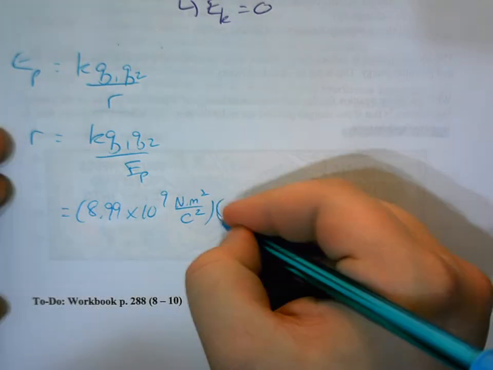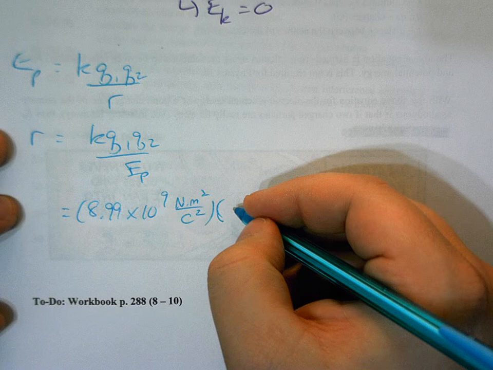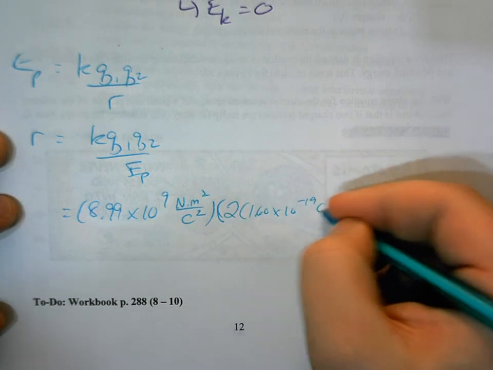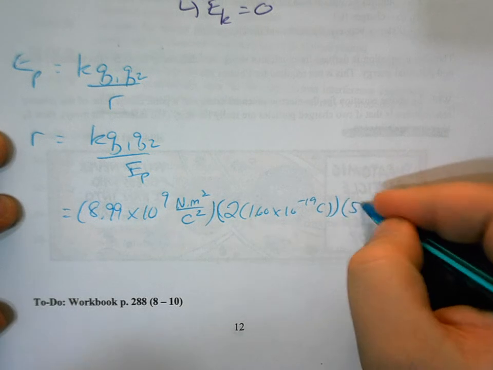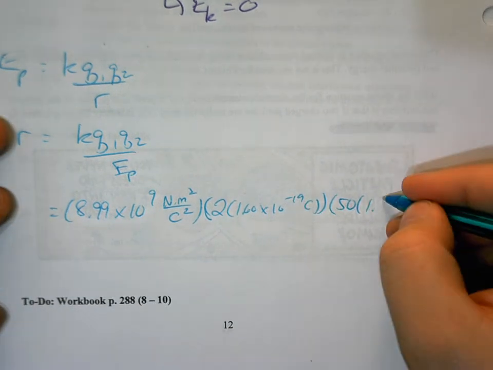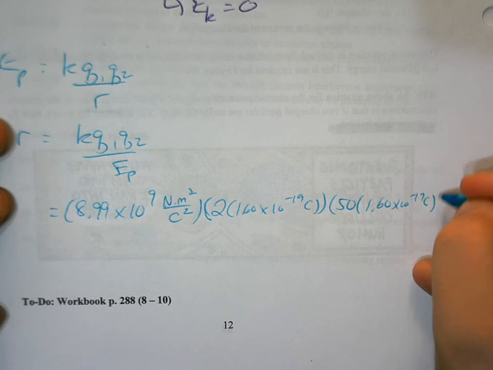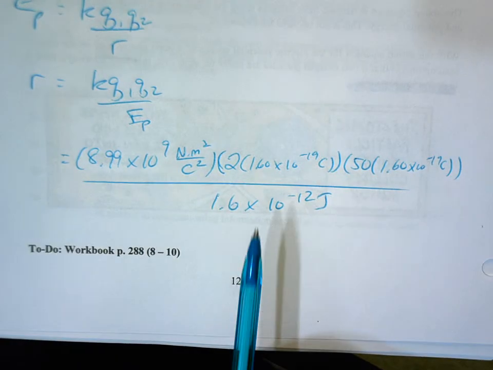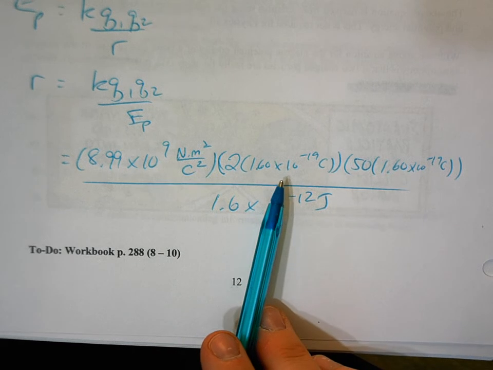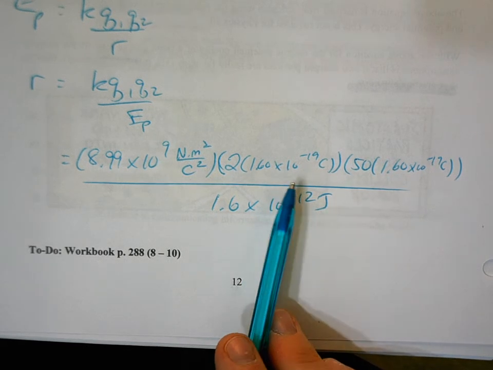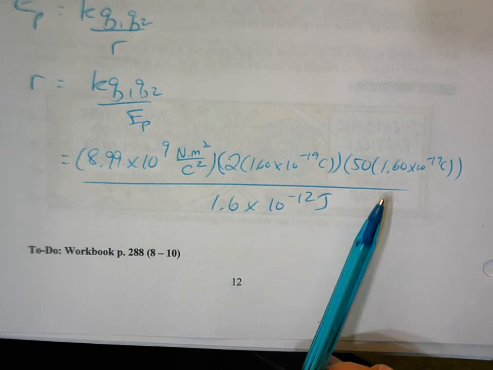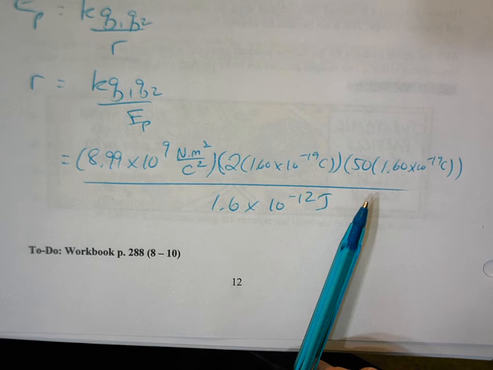We multiply that by the charge of the alpha particle, which is twice the elementary charge, and the tin nucleus has 50 times the elementary charge. Then we divide by the potential energy, 1.6 picojoules or 10 to the minus 12 joules. We've got a lot in here, so we have to be really careful.